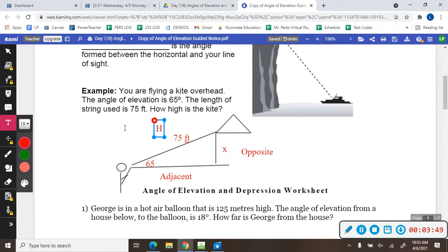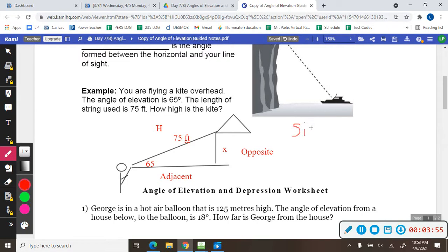That would be the sine function. So the sine of 65 degrees is opposite over hypotenuse. So it'd be x over 75.